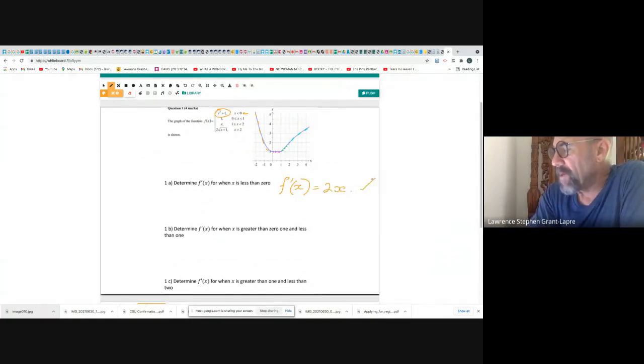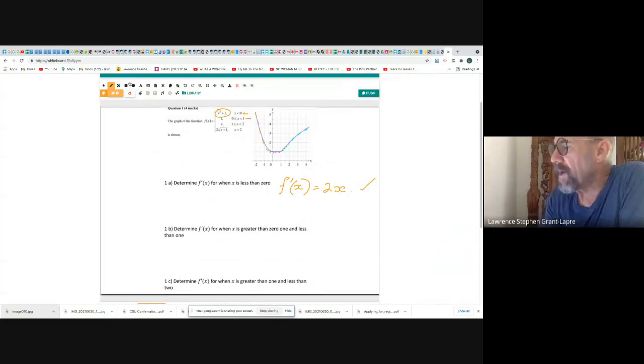Part B, determine the derivative f dash x for when x is greater than 0 and less than 1. Okay, there's a mistake there. Greater than 0 and less than 1. So between 0 and 1, that's the pink part of the graph.